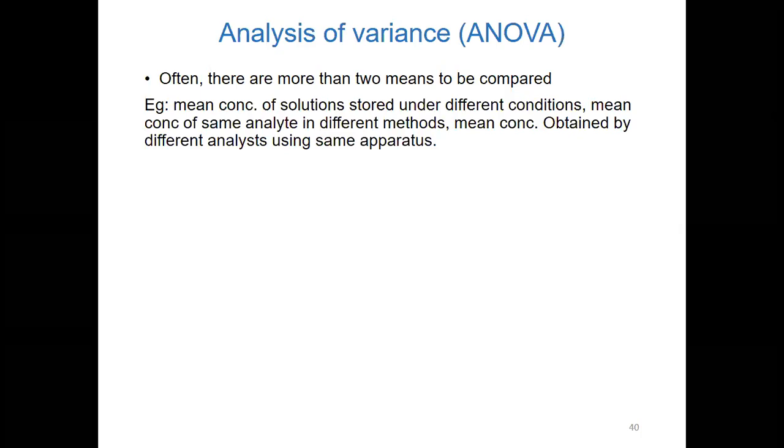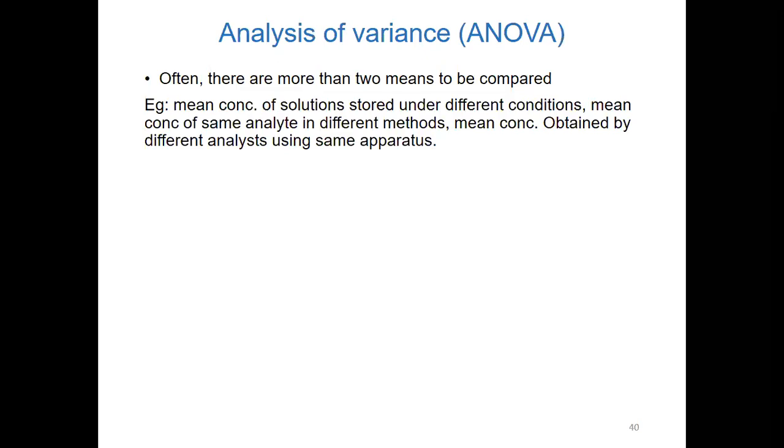So we have to compare more than two means. With the method that we have discussed so far, we can compare only two means. But there should be a way to compare more than two means. In that case, ANOVA comes into the picture. So using ANOVA, we can compare more than two means.